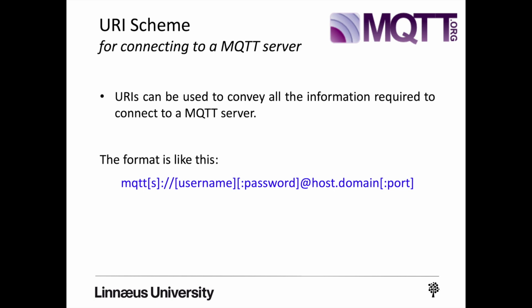When you are using MQTT for sending or receiving data, or for subscribing to a topic, usually you use a URI, which is an identification for a topic or for a device.